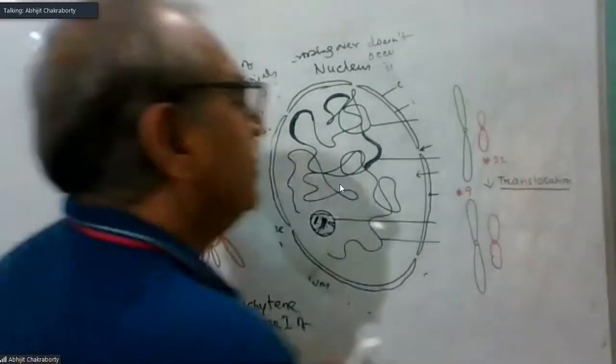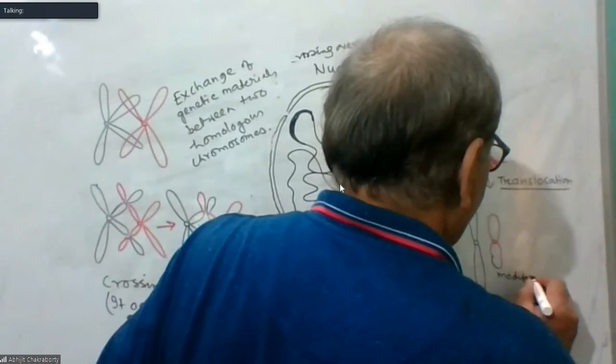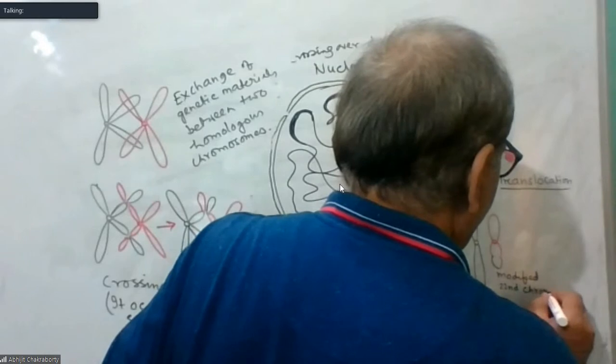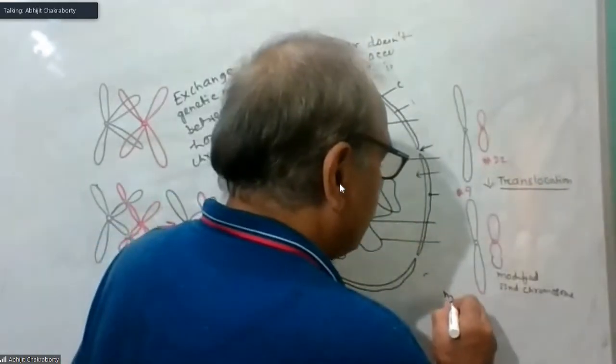You know, the modified 22nd chromosome. And this is the modified 9th chromosome.